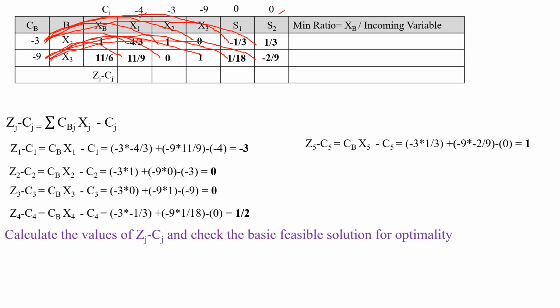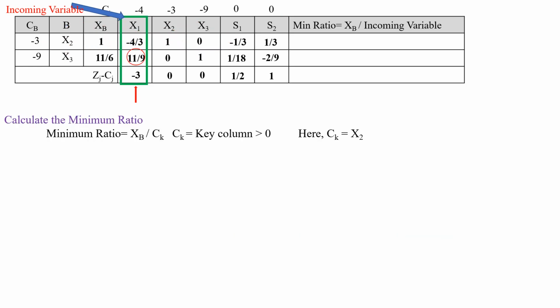So here observe that except Z1 minus C1, all Zj minus Cj values are greater than or equal to 0. The negative value is for Z1 minus C1, the x1 column. So the x1 variable is the incoming variable and the x1 column we call the key column.